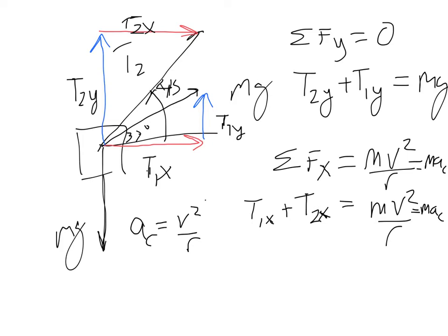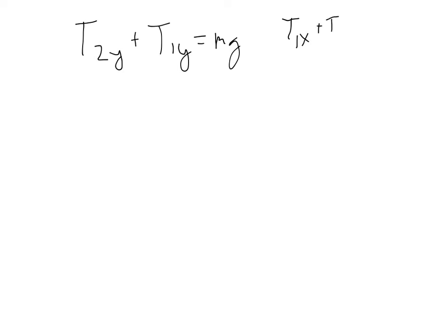So if we go back over here, T2y and T1y is going to be T1 and T2 times sine theta or cosine theta, as the case may be. What we have now is T2y plus T1y equals mg, and T1x plus T2x.